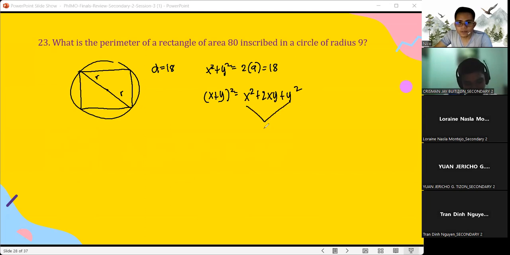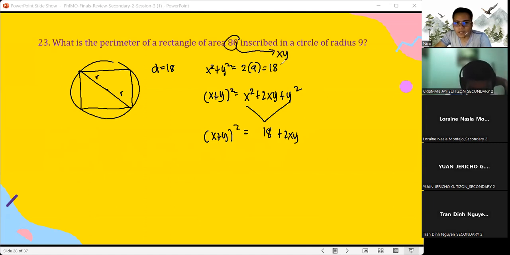And then this one is equal to 18, right? So x plus y squared is equal to 18 plus 2xy. And then the area, which is 80, which is xy. This one is equal to 2 times 80. It is equal to 160, right?